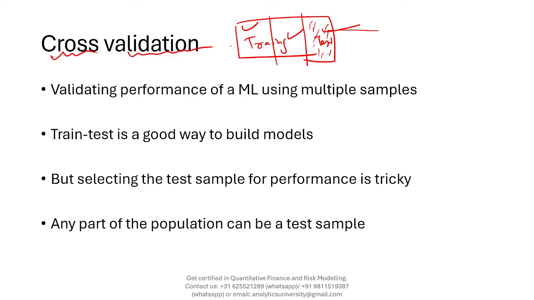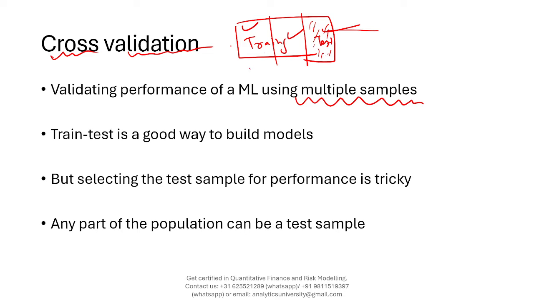So cross validation is where you're assessing performance not just in one test data set, but actually in multiple test data sets, in multiple samples, right? There are various ways of doing that, and we will see them. So we will keep on changing the training and test sample from this main data set, right?